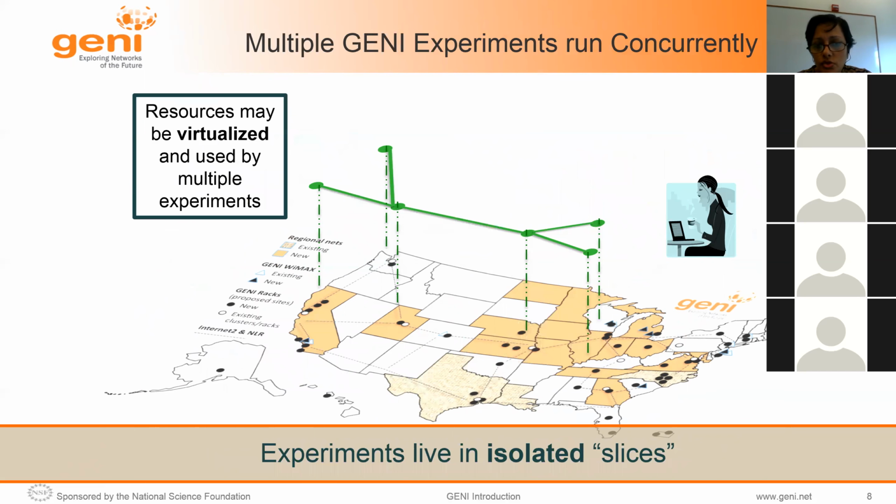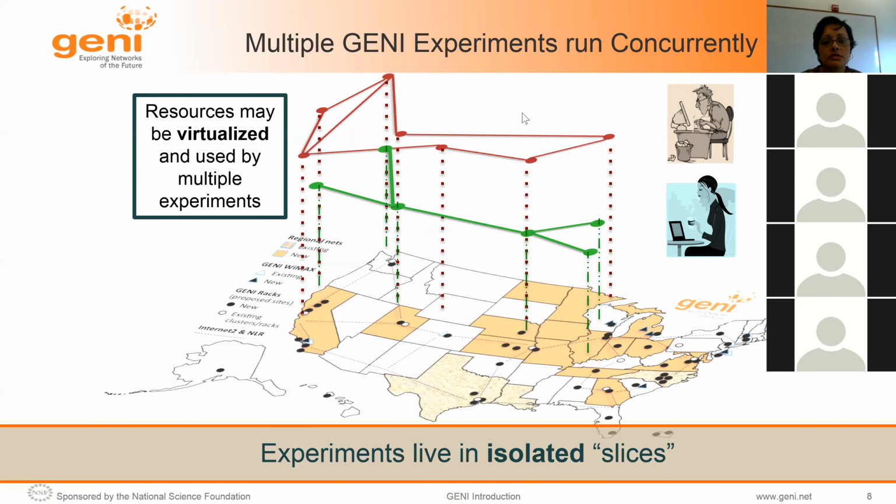And each of those geographic locations or sites is what we call an aggregate in GENI. So you're picking resources from different aggregates and you're creating your own GENI network, and that piece is called your slice. So an experiment lives within a slice.